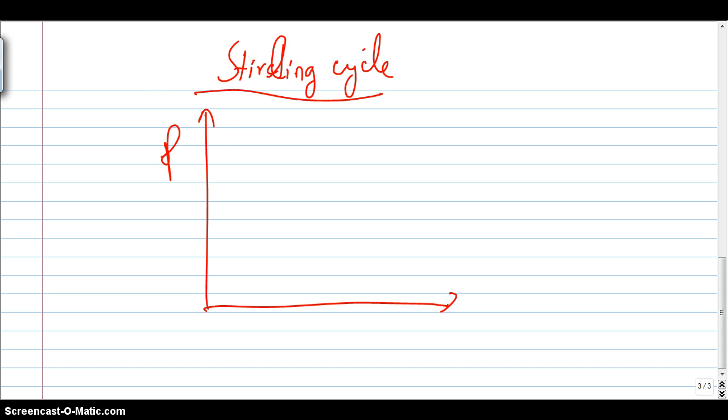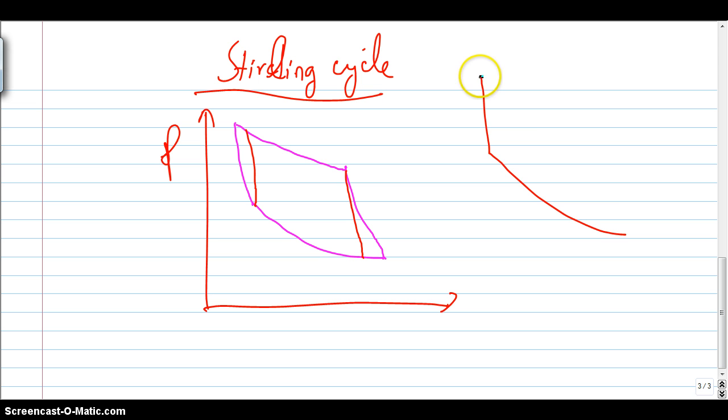You take the basic Carnot cycle, and for the Stirling you just replace the adiabatic with a constant volume process. So Stirling would look something like this. This is a Stirling cycle. It's anti-clockwise. Got it?